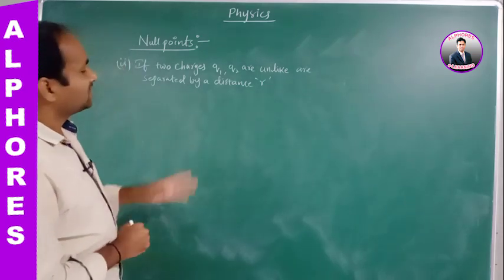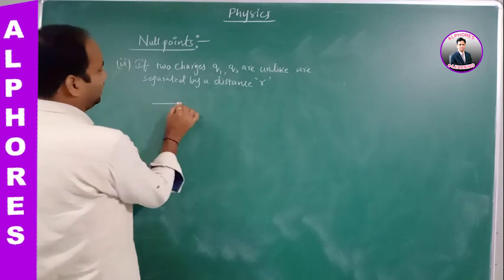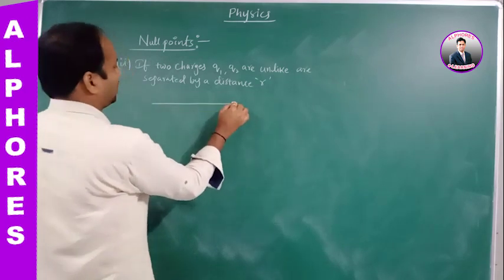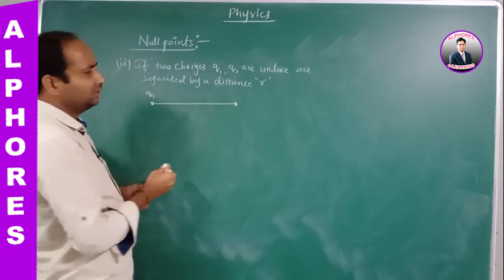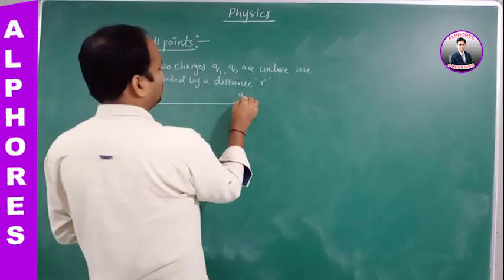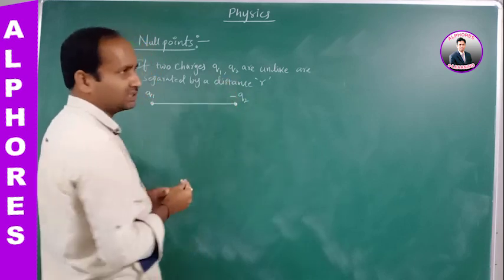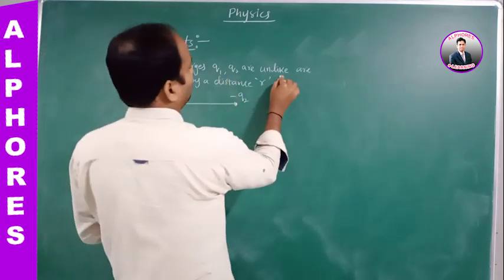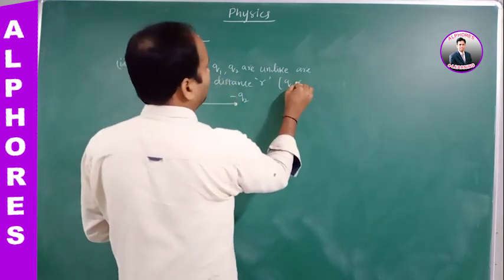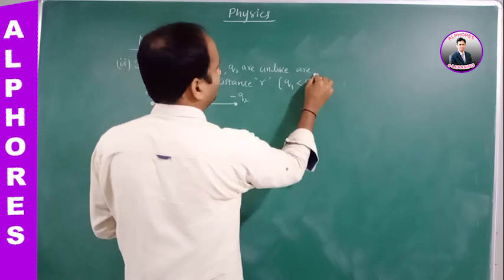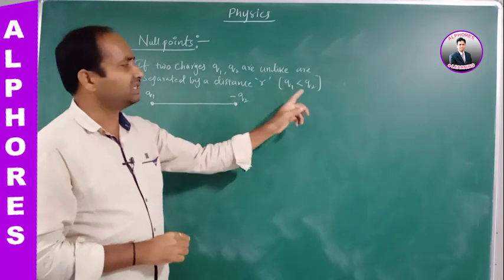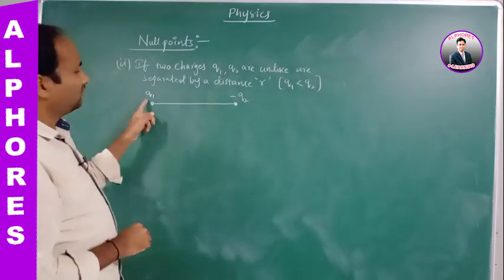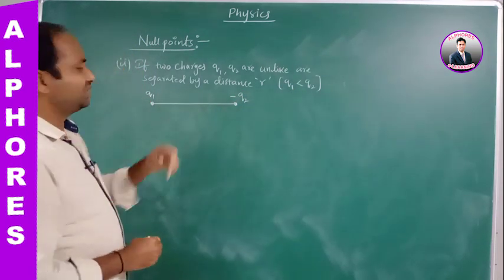Okay, see, for example, again here we are taking two charges, q1 and let us take q2 as the negative charge, and again here also let us consider q1 is less than q2. The magnitude of q1 is less than q2, but q1 is positive, q2 is negative.